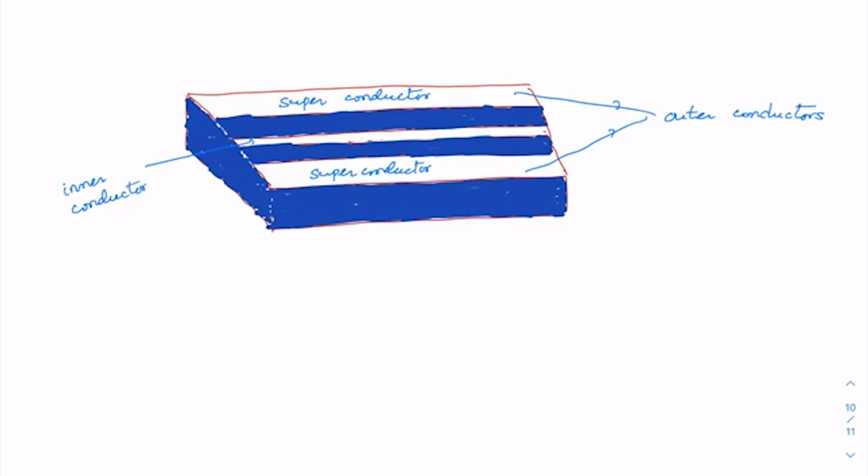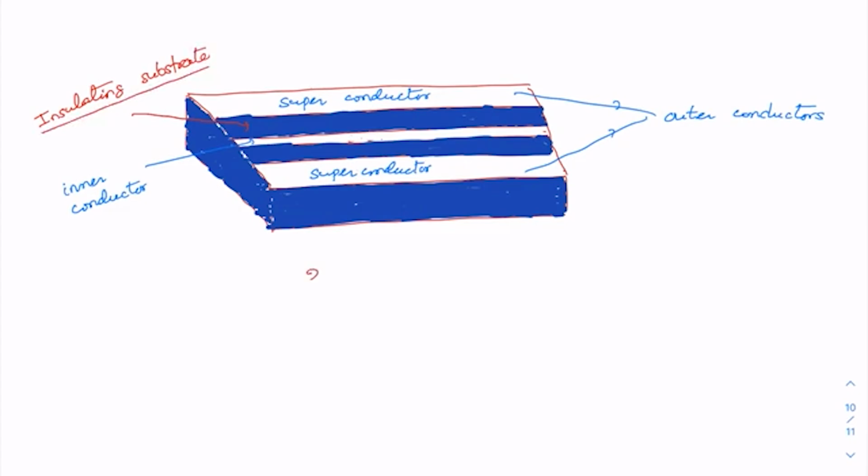Of course we take superconductor in this case because there will be no loss, as currents can flow without any resistance. This blue colored portion depicts the insulating substrate, okay.